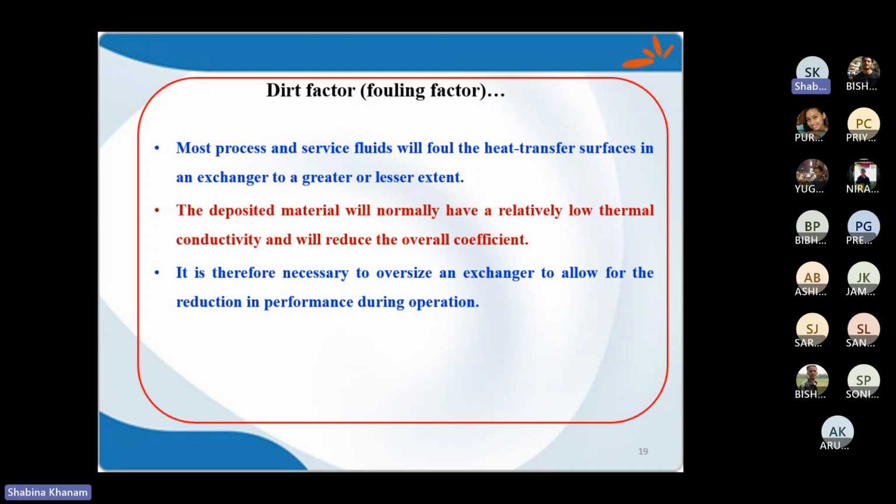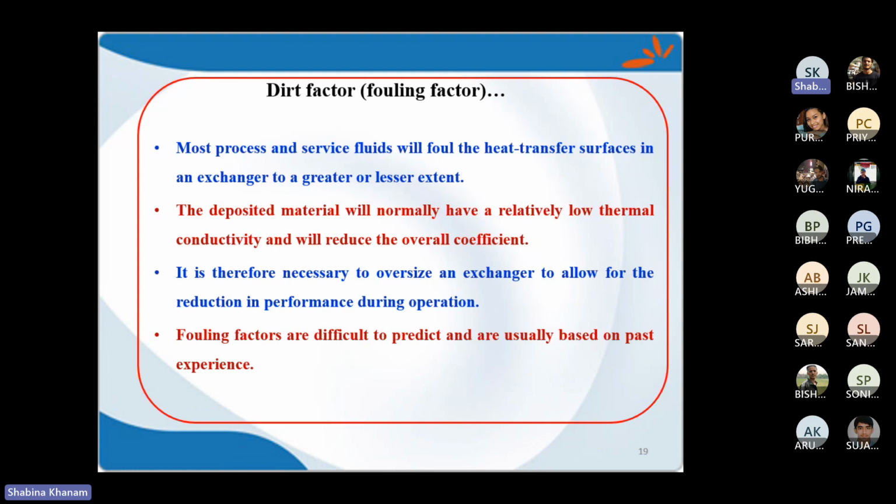During the operation, this type of situation will definitely occur. So we consider that from the beginning, considering the desired dirt factor, you can increase the area. That oversize of the heat exchanger will depend on how much dirt we are considering. Fouling factors are difficult to predict and are usually based on past experience.